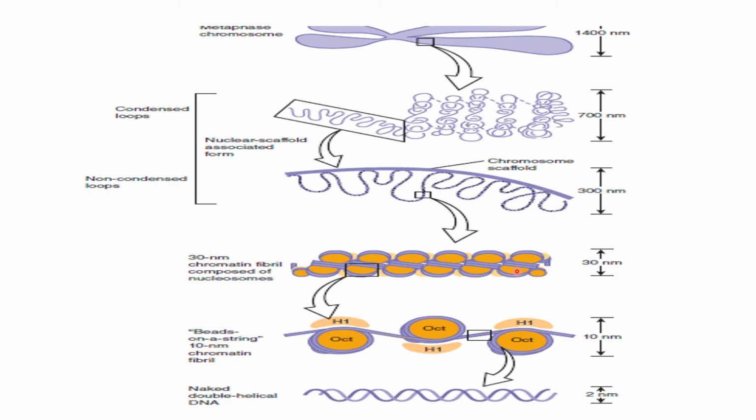This one is another representation: here the DNA, then the formation of the nucleosome, then the chromatin, that is the 30 nanometer width, is formed, more coiling takes place, again more coiling, and finally the 1400 nanometer thick chromosome is formed.